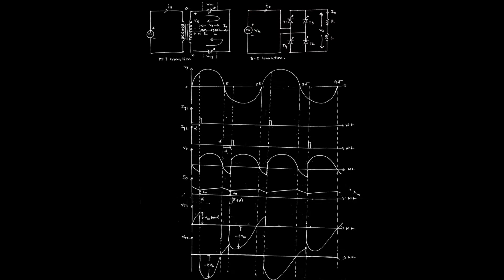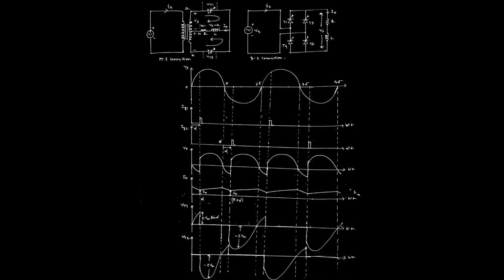So similarly, just like the M2 connection, for both the positive half cycle and the negative half cycle, the current direction remains the same. When T1 and T2 conduct, the current direction is from upward to downward across the load. Similarly, for the negative half cycle, when T3 and T4 start conducting, the current flows from up to downward across the load.